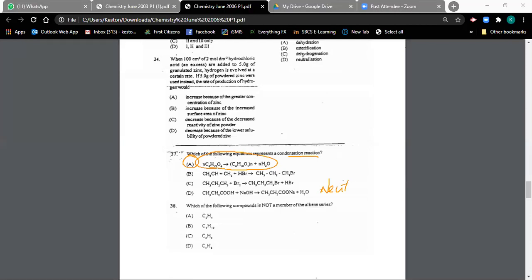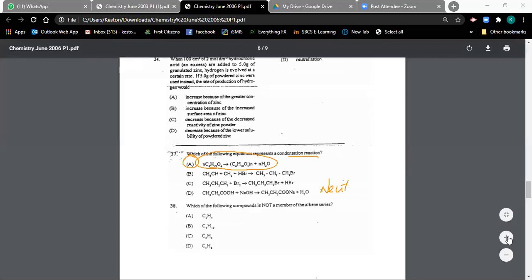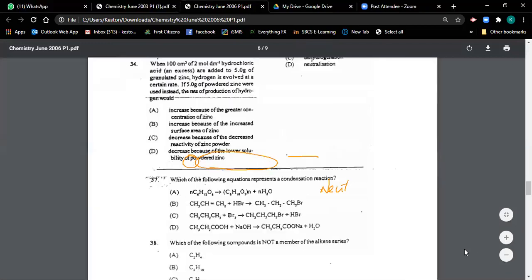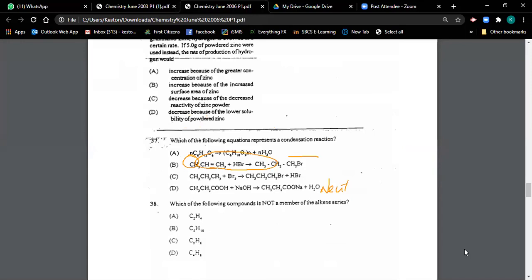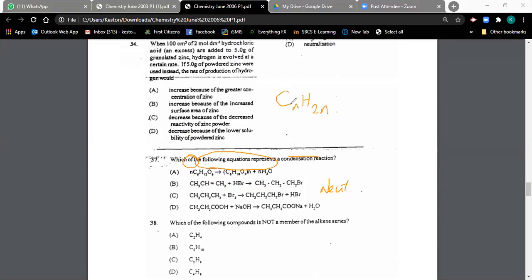38. Which of the following compounds is not a member of the alkene series? Not a member of the alkene series. Right, alkenes should have the formula CnH2n.